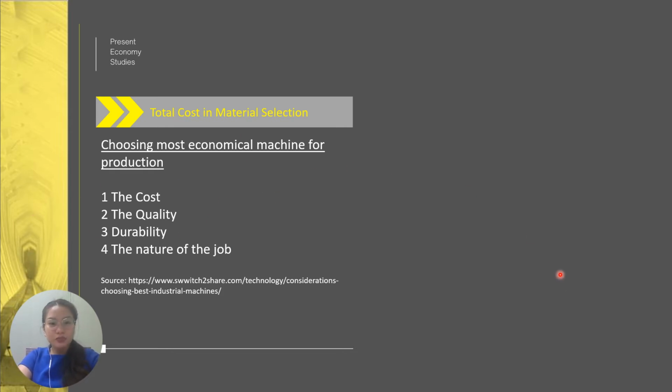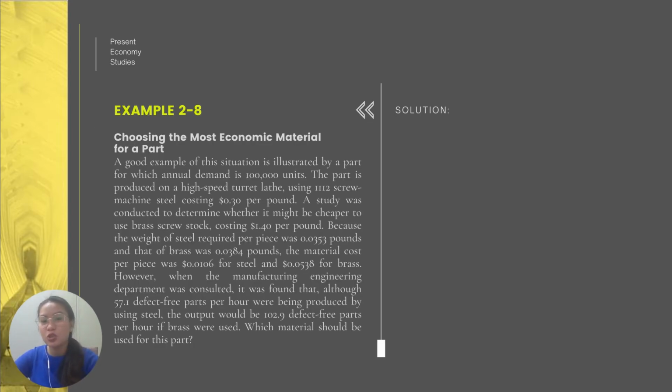Okay, so let's have an example in choosing the most economic material for a part. A good example of this equation is illustrated by a part for which annual demand is 100,000 units. The part is produced in a high-speed turret lathe using a 1112 screw machine steel costing $0.30 per pound.